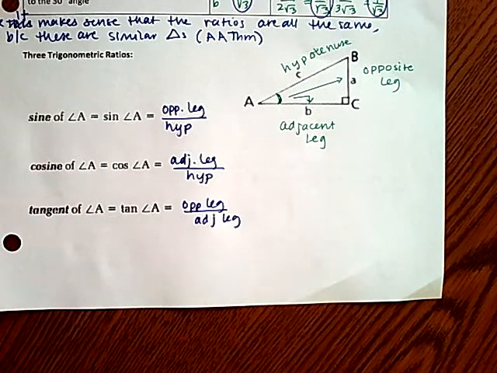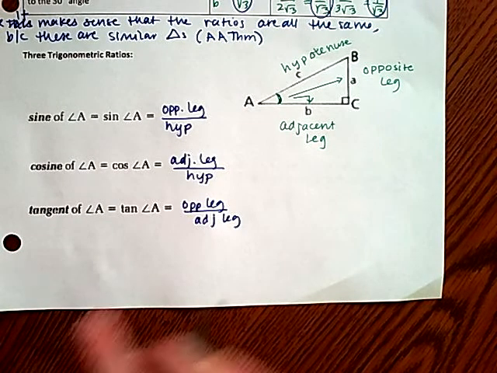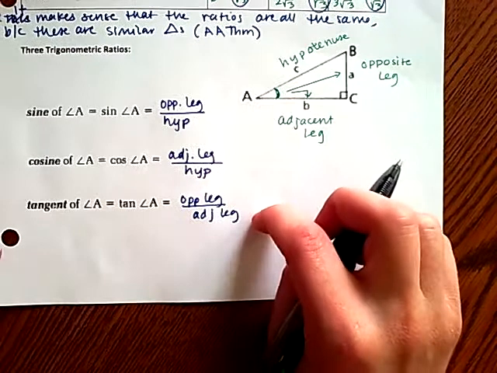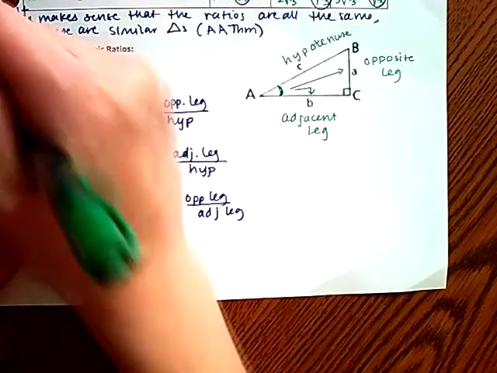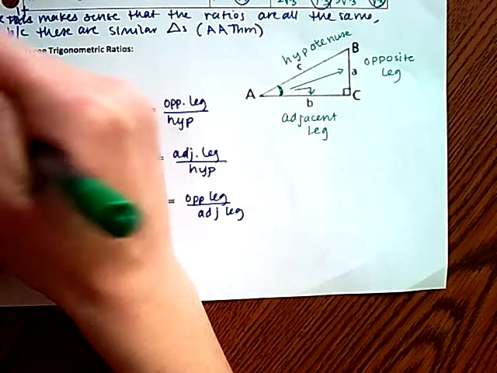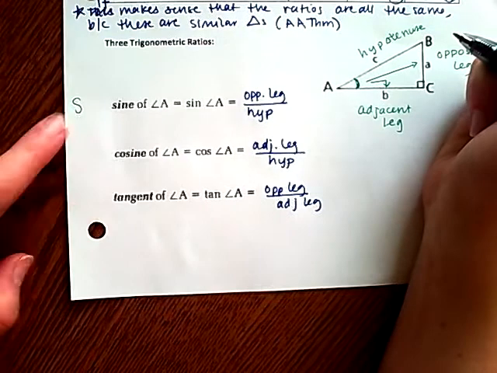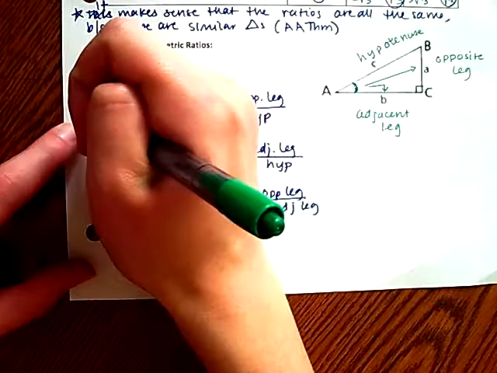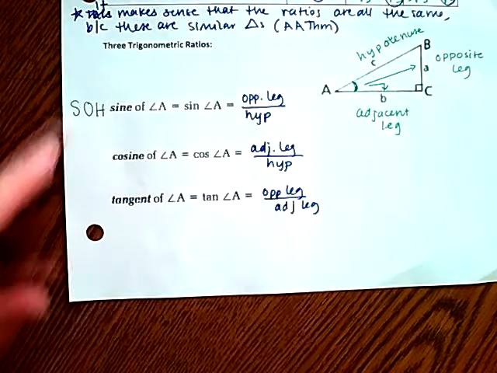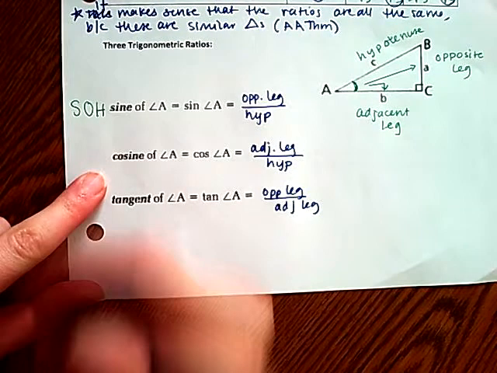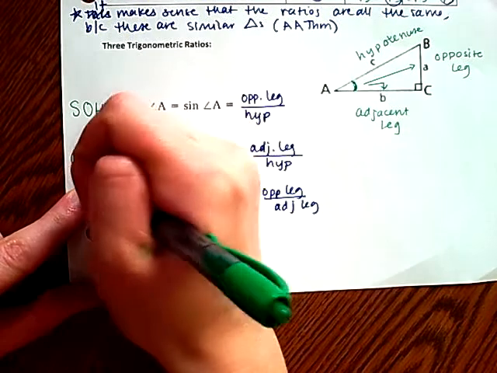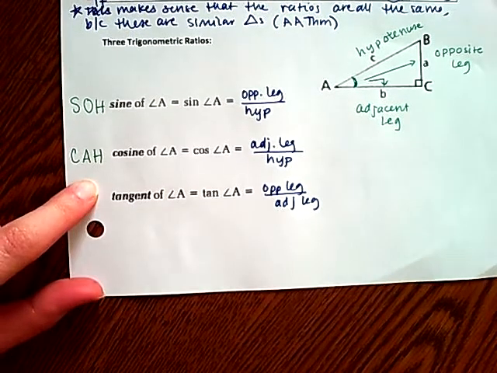And one quick mnemonic device that we use to help us remember which is which. So we say sine, S, is opposite over hypotenuse, so we call it SOH. Cosine, C, is adjacent over hypotenuse, so we call it CAH.